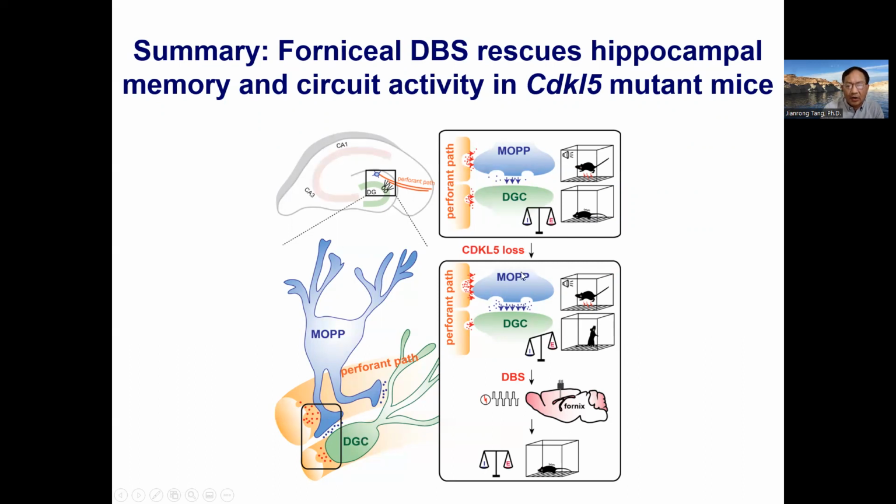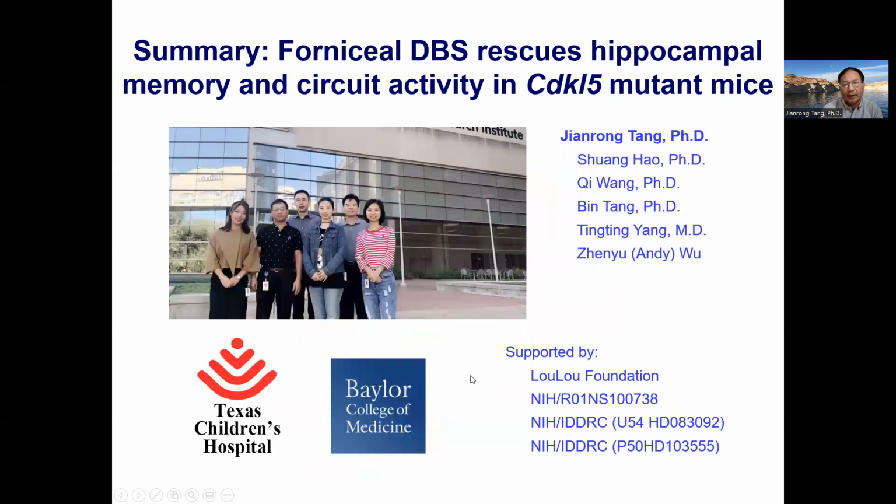After CDKL5 loss, perforant paths have even stronger input to the MAP cells and even weaker input to the dentate granule cells. So the feed-forward inhibition mediated by MAP cells to the dentate granule cells is increased. Under that condition, the EI balance shifted to the inhibition. The mice lose the hippocampus-dependent memory. DBS in the fornix could rescue the EI balance and LTP, then bring the hippocampal memory back.